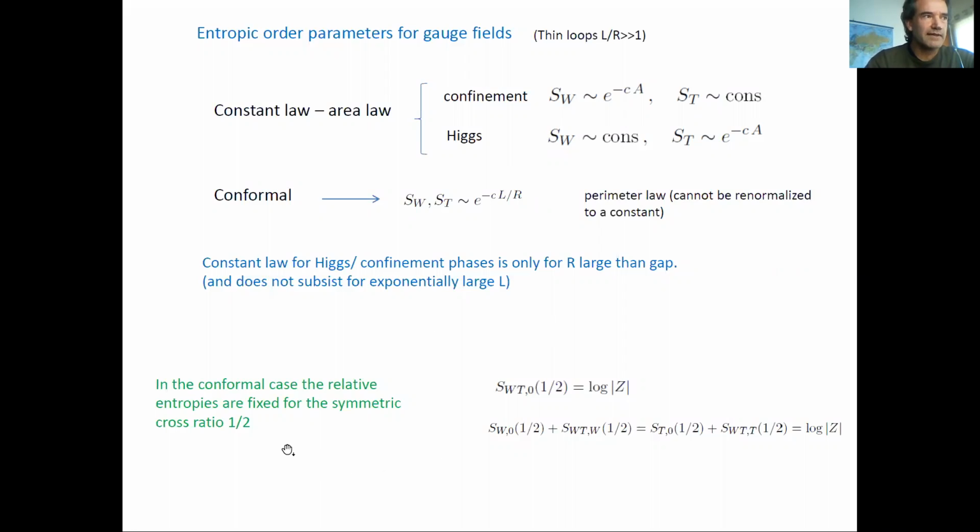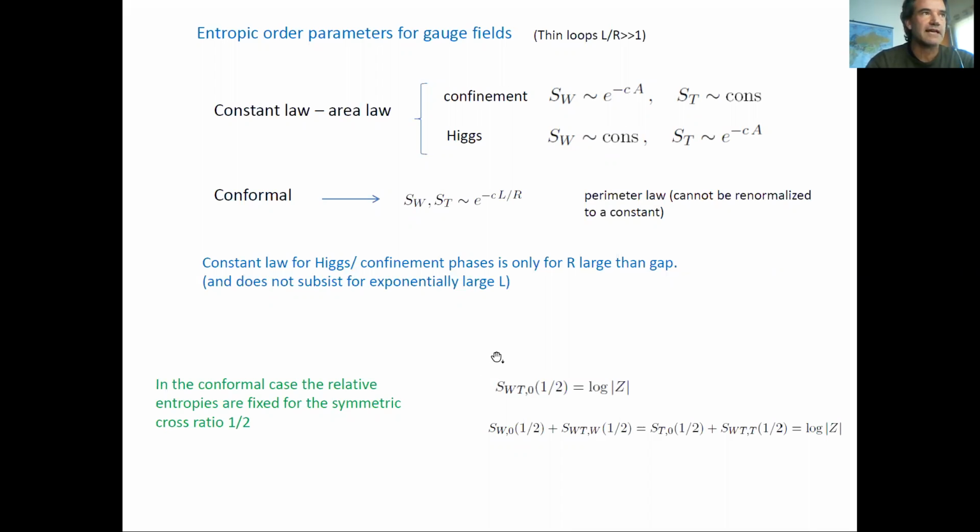And here is another commentary about the conformal case. Because of the certainty relation, you can see that some particular relative entropy is special. In four dimensions, you have non-local operators, the Wilson loop and the 't Hooft loop, that live in the same ring. They both have the same topology, so you can have a relative entropy that kills both. And because of the certainty relation, it satisfies a relation that relates the relative entropy in some ring with a specific one.